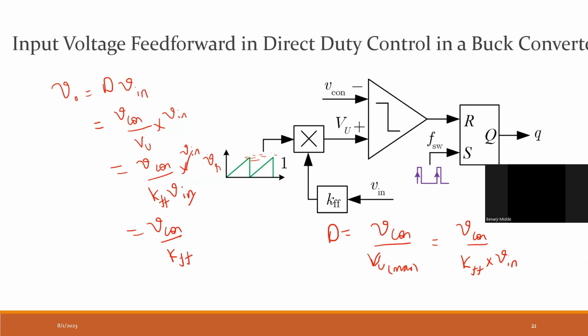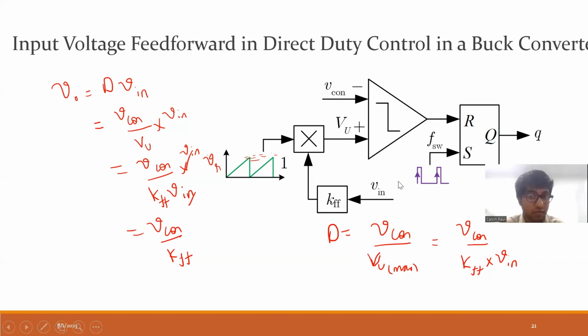Sir, how are feed forward and feedback different? See, this one is not passing through a controller. The raw value of the input voltage is translated into a signal which is given for modulating the control. The control signal is being modulated by a raw value of the input voltage.